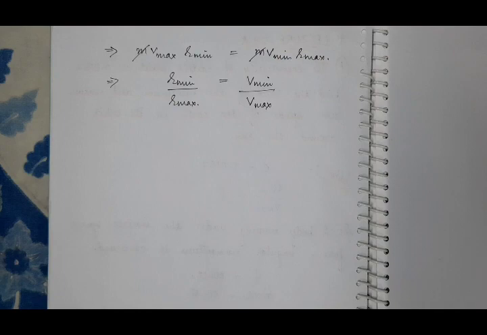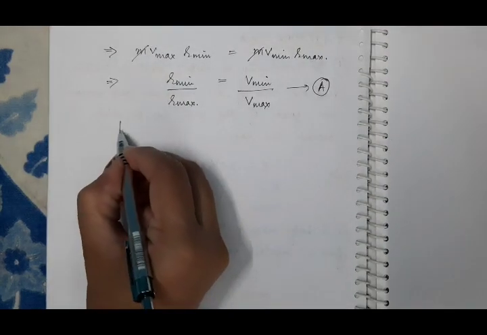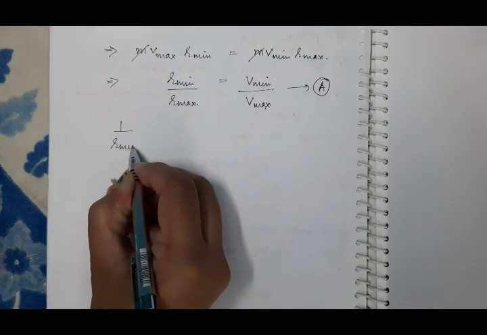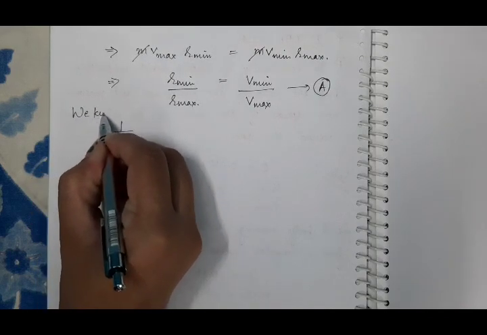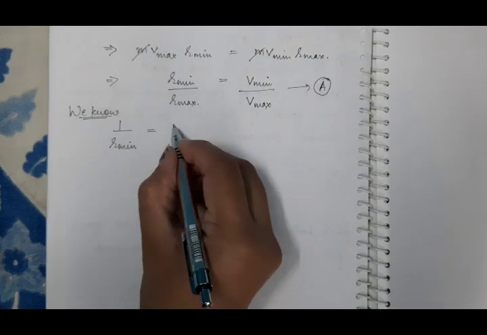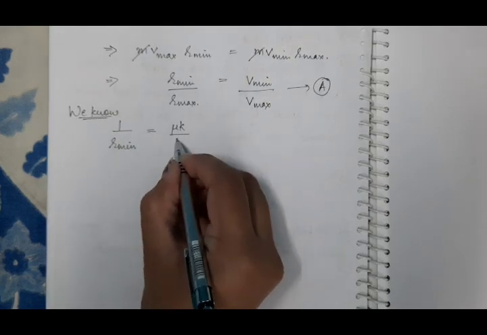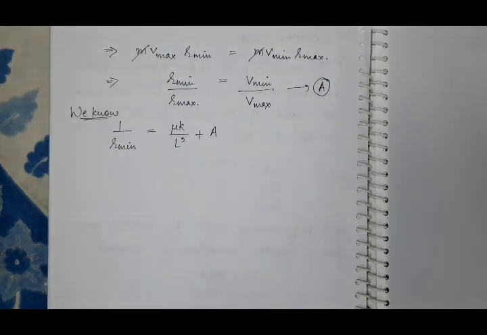Suppose this is equation A. The expression for R minimum: we know that 1 upon R minimum is equal to mu k by L square plus A. We have studied this expression in the article which we discussed yesterday.